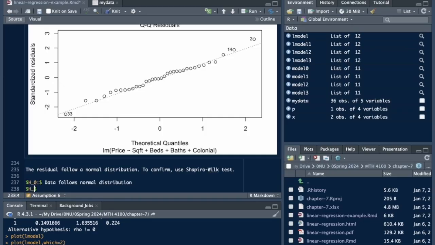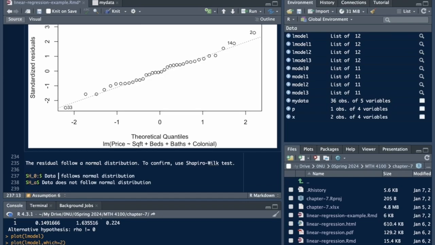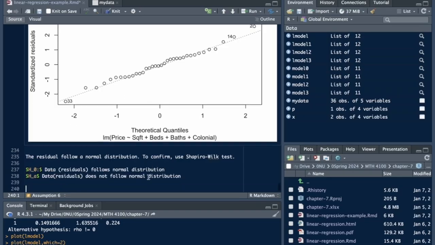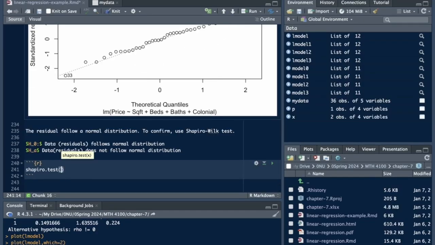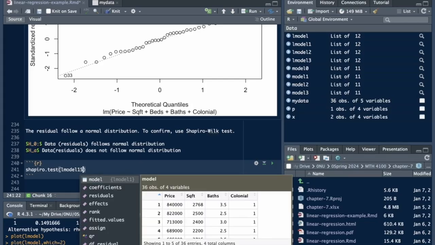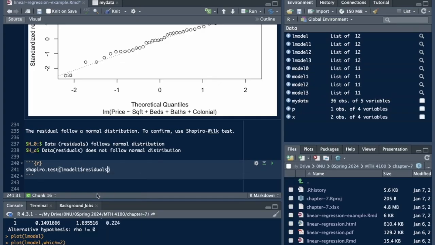The alternative says the data does not follow a normal distribution. Data here, in this case, means residuals. So this is the test for normality, and let's conduct it. It's called shapiro.test. It's in lmodel1, but I'm going to pick the residuals because we are studying the residuals. So I'm going to take the residuals from lmodel1.